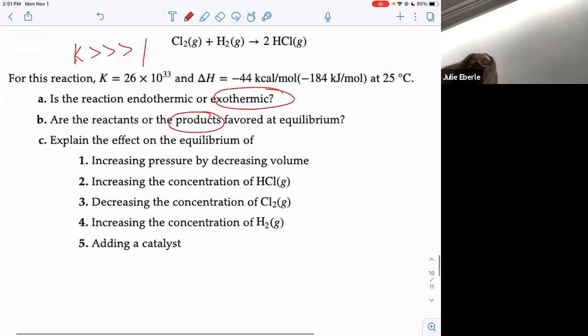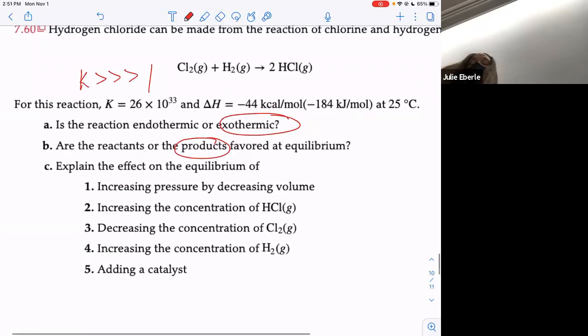Explain the effect on the equilibrium of doing the following things. Increasing the pressure by decreasing the volume. Same thing there. Increasing pressure, decreasing volume. Okay, so basically we're just going to say if the equilibrium is going to shift left or right or no change. What do y'all think about this one? Increasing pressure.